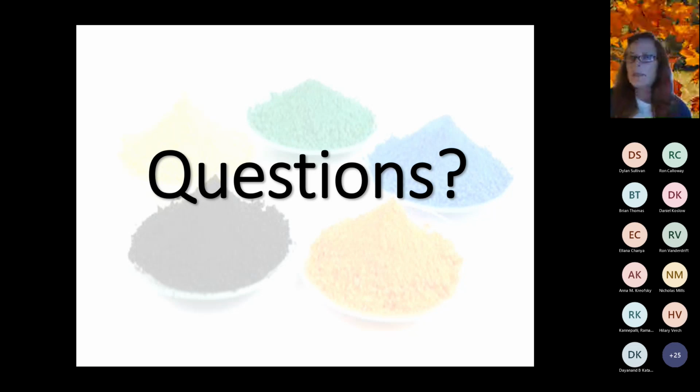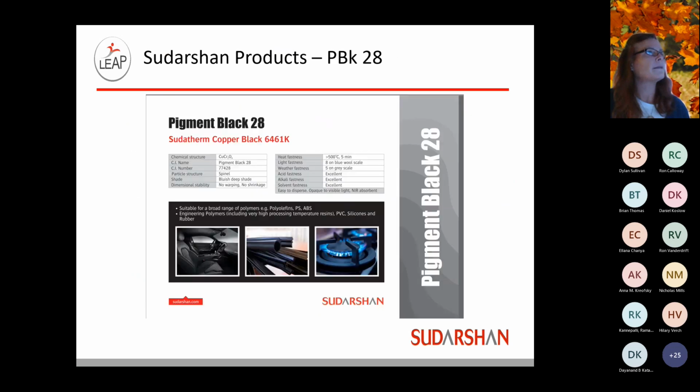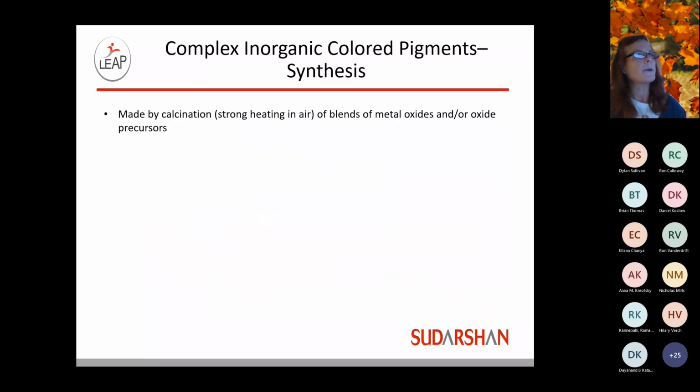And the next question is, could you elaborate again on the slide where you showed the periodic table and the association to the pigments? My connection went down. Okay, I will actually go back and pull that up.